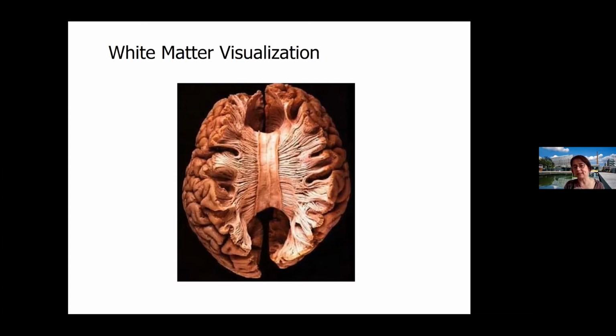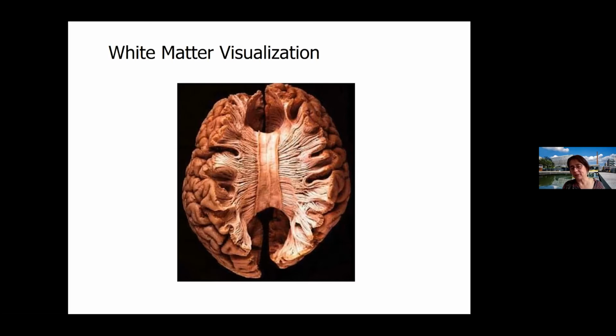The white matter is the connection between different areas of the gray matter. The gray matter is the outside of the brain, and the white matter would be the connections between these different functions, like the processes and the cabling between them.